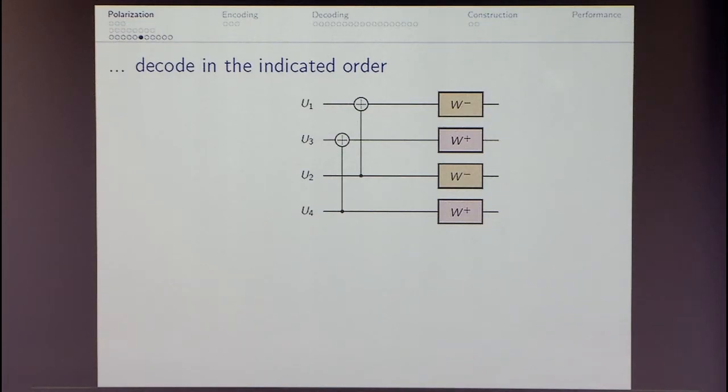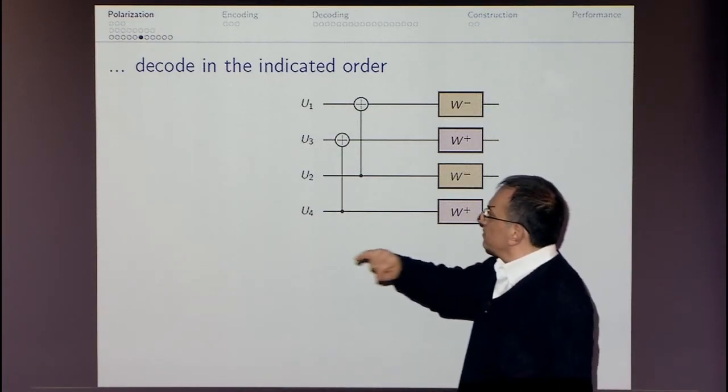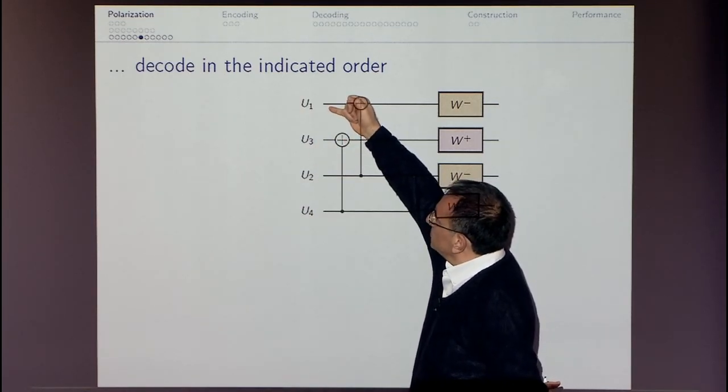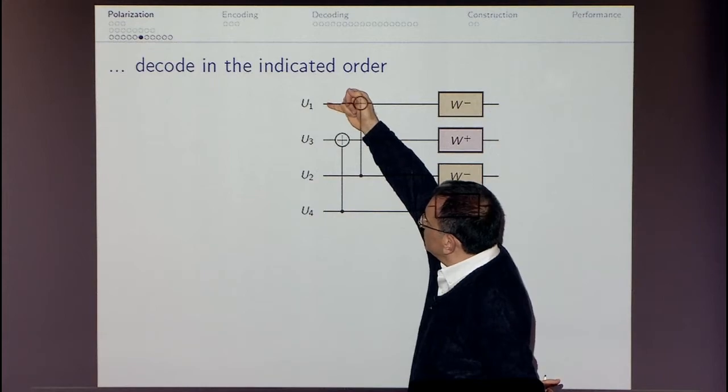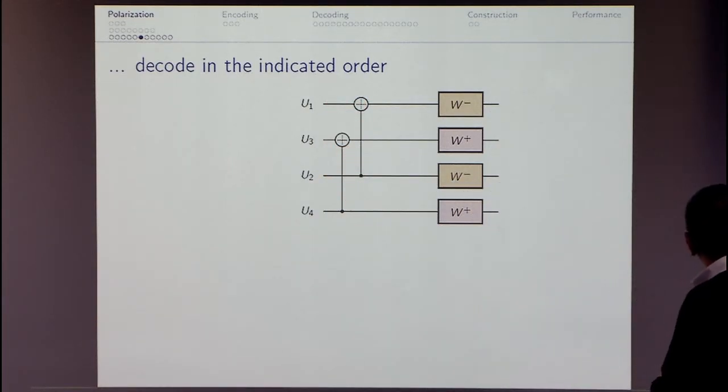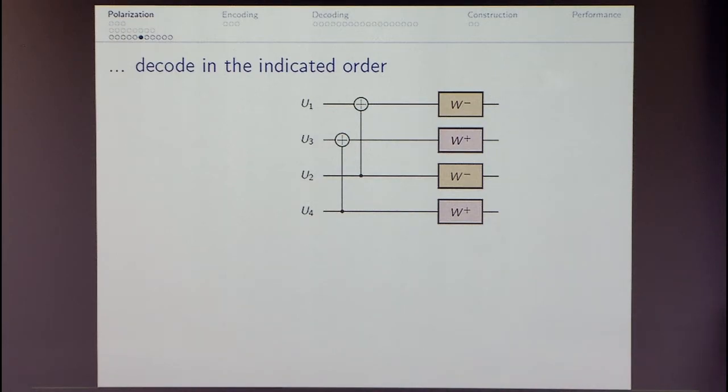Let me answer the question this way. The order in which we are decoding these is the bit reversed order. Let's represent integers with bits.